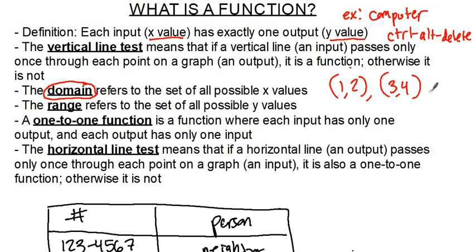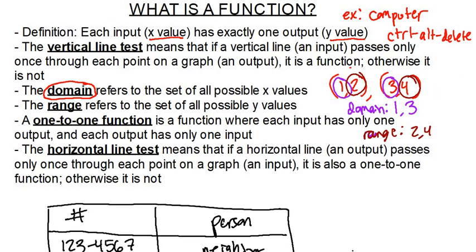Those are just two xy coordinates. We would say that the domain of that function right there is 1 and 3 because those are the set of all possible x values. And the range refers to the set of all possible y values. The range here would be 2 and 4 because those are the things that y could equal. So that's what we mean by domain and range.